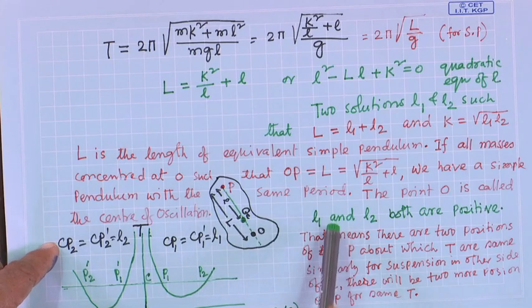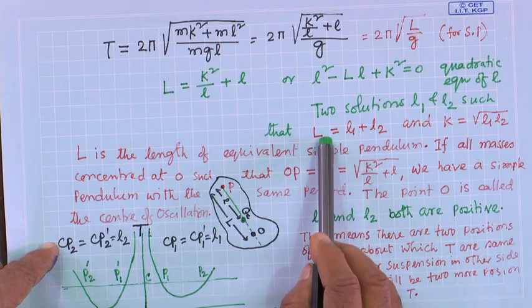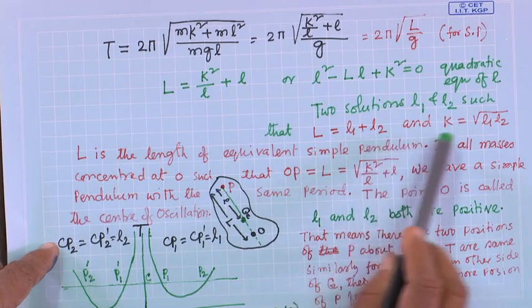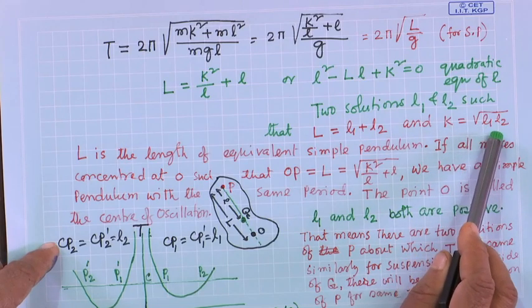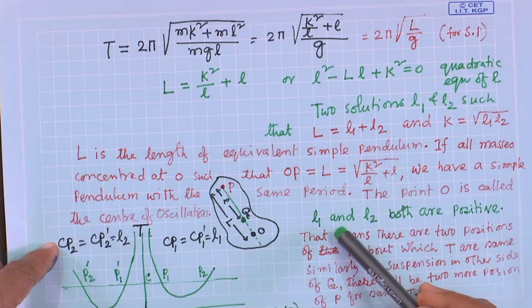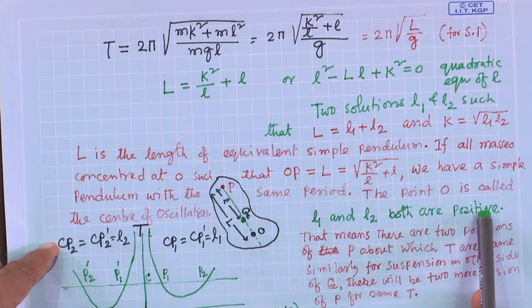From the relation L equals L 1 plus L 2 and k equals square root of L 1 L 2, both L 1 and L 2 have to be positive.